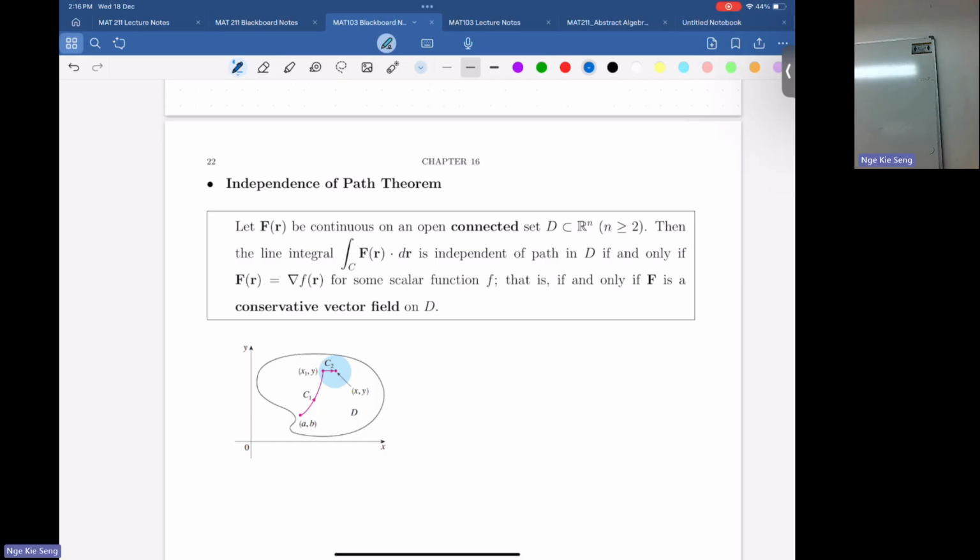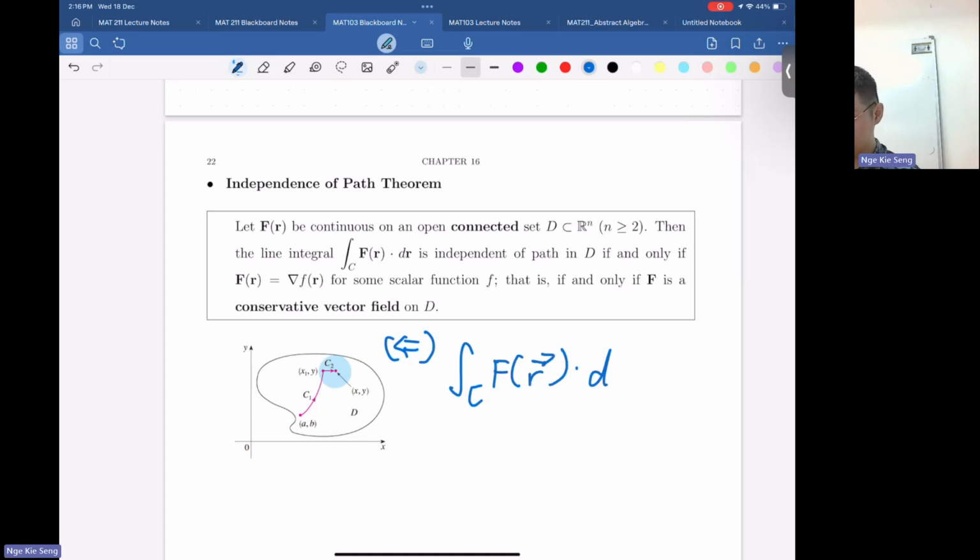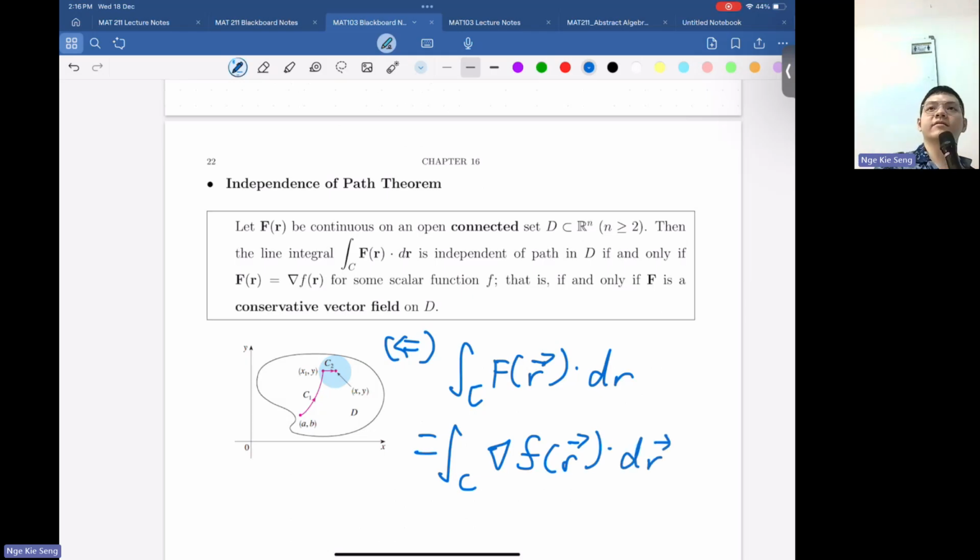So try and guess. Right to left. Why right to left is easier? So if you do this line integral, right to left meaning you already know that you can write F as a gradient of some scalar function. But how do you compute the integral of a gradient function?